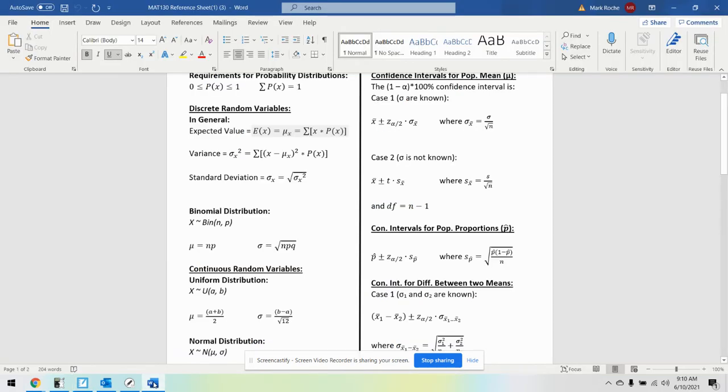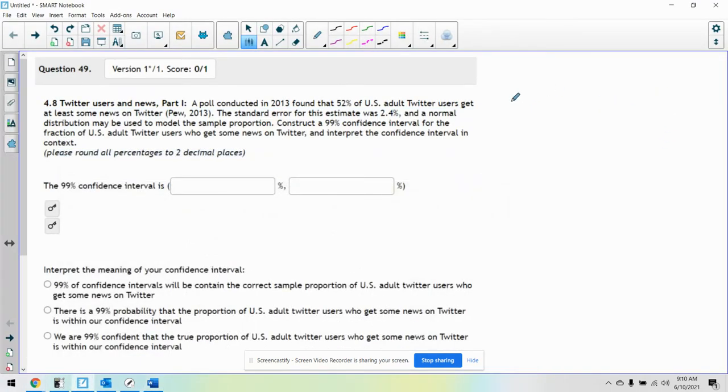Okay, so the form of our confidence interval is going to be our point estimate, which is p hat, plus or minus z of alpha over 2 times the standard deviation with respect to p hat.